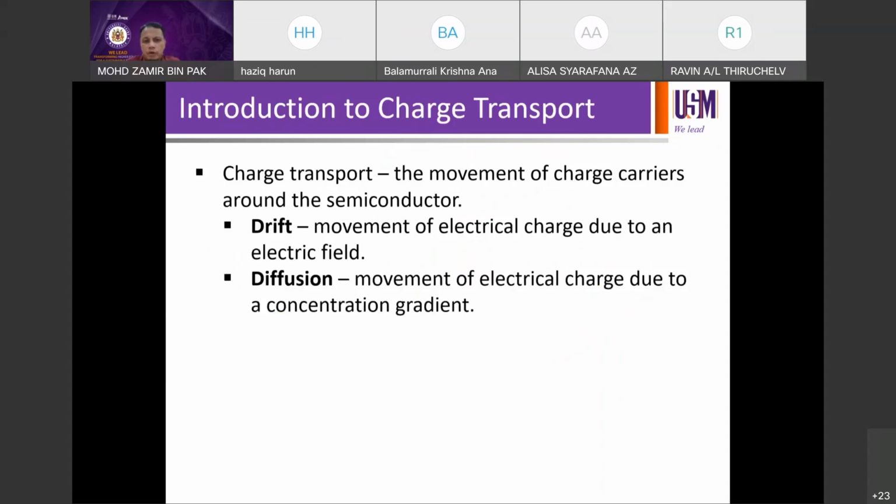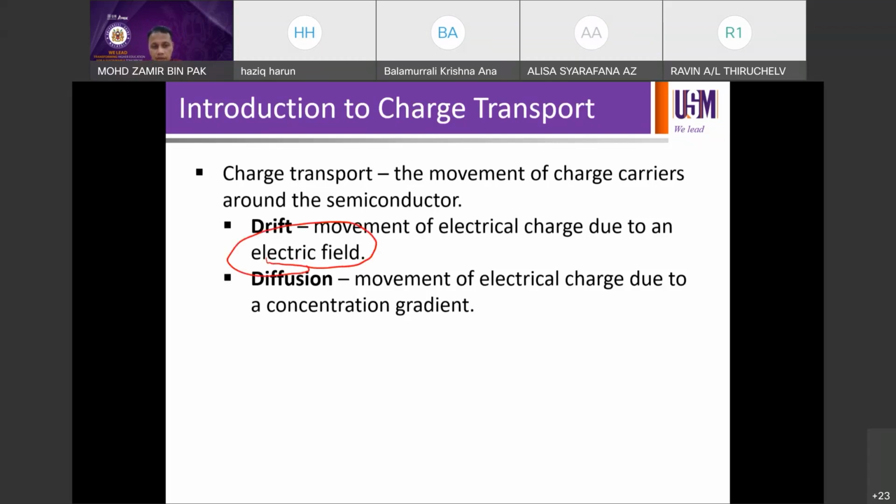Right, charge transport is the movement of charge carriers around semiconductor or within semiconductor. Okay, how do they move about in the semiconductor? So the first type of charge transport is called drift. Okay, so drift is movement of electrical charges or carriers, either one is fine, due to presence of electric field.